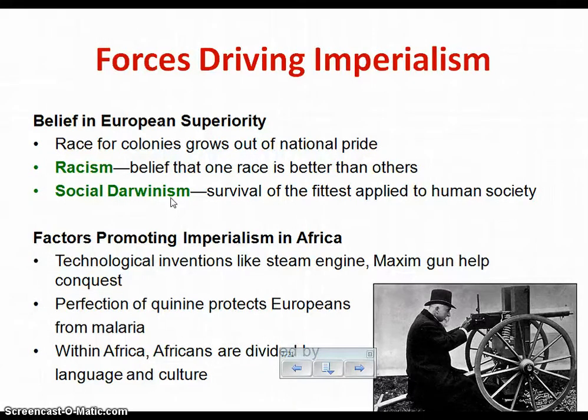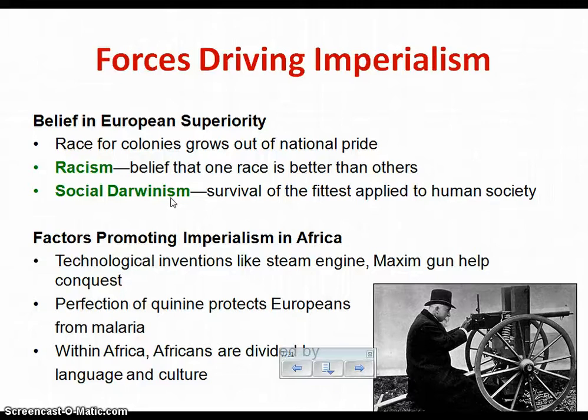Basically what Europe believes is that if they are superior, if they can survive, if they can have the power, then they should take it. It is a competition, and those who are at the bottom of the competition deserve to be there. So in this case, the person who is at the bottom of this competition would be African tribes.